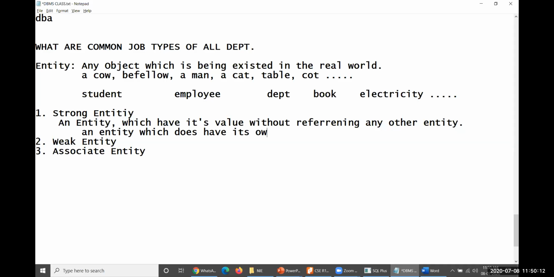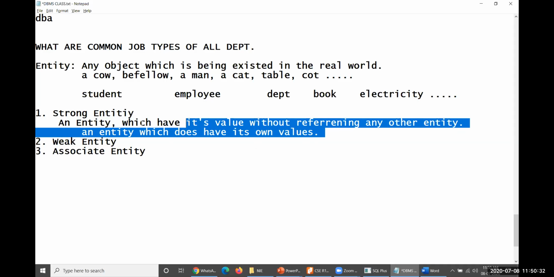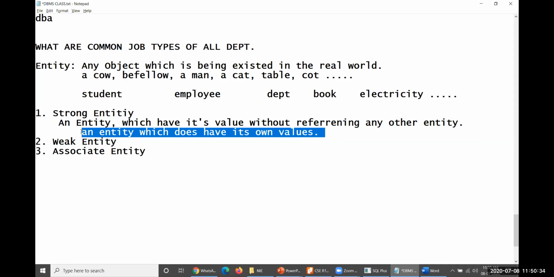So an entity which has its values without referring to any other entities. You are not supposed to refer to any other entities while entering data into it. Such entities are called strong entities, otherwise, an entity which has its own values.